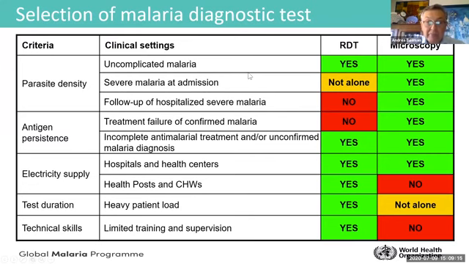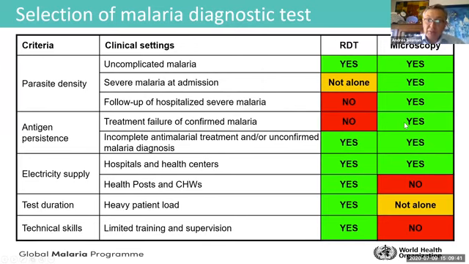This is basically which are the roles for both RDTs and microscopy. I just want to show you that for certain functions, microscopy is much better. For instance, in a hospital, if I want to follow up some patients with severe malaria, microscopy is really the type of lab test I need to use.